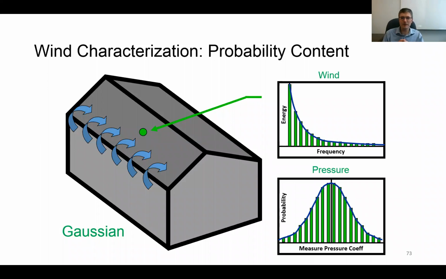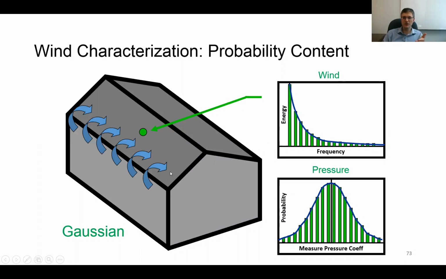A little mock-up of a nice rectangular plan gable end structure. Those little blue lines represent the wind separating as the wind moves from left to right, moving over the house. If we were to take a pressure measurement right at the center of the roof here, the wind speed energy would look like we saw earlier. And if I did a probability model or just a histogram of the pressure I'm measuring, it might look something that's fairly Gaussian.